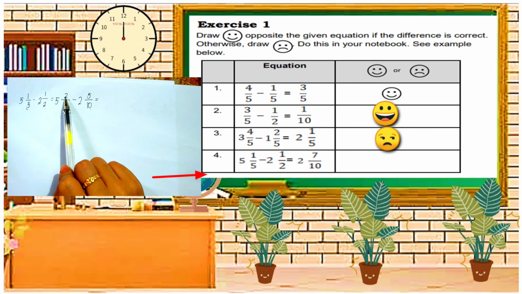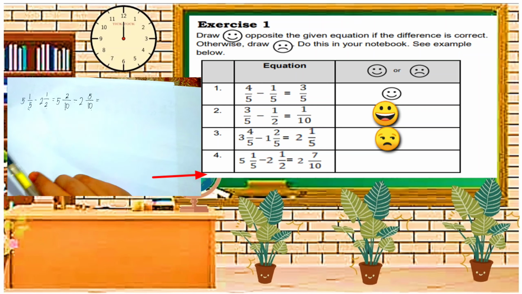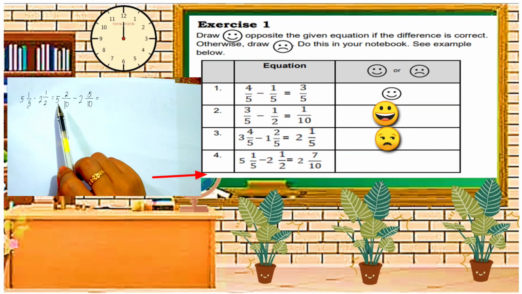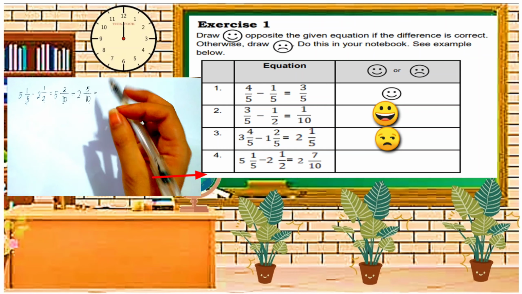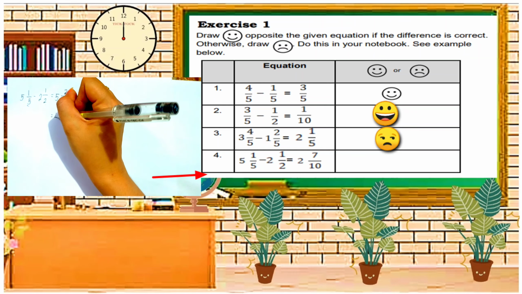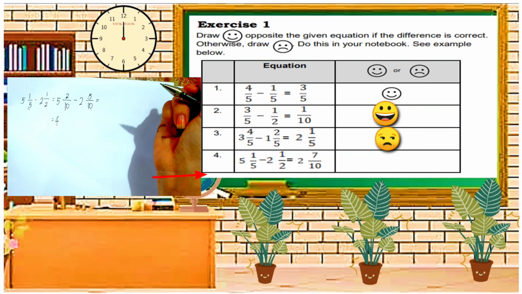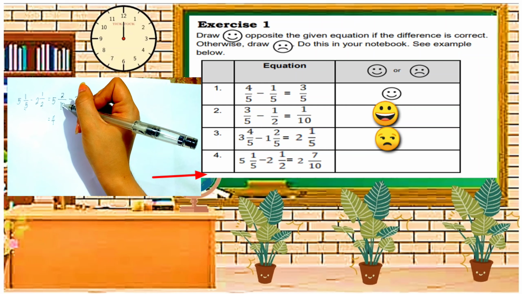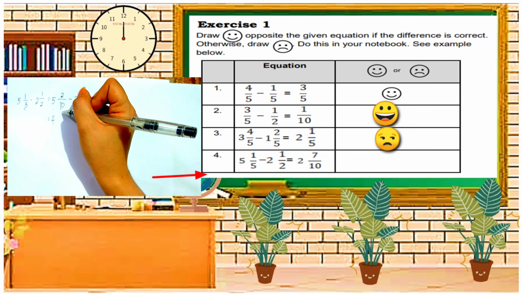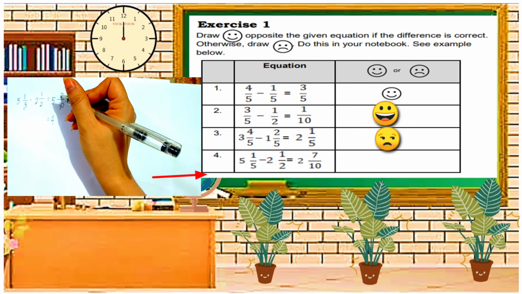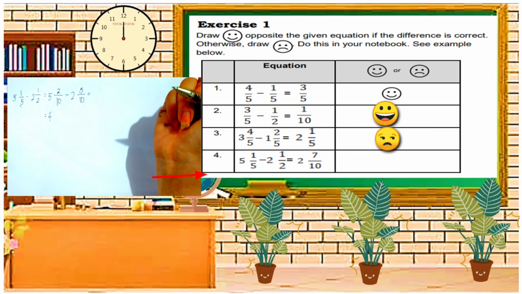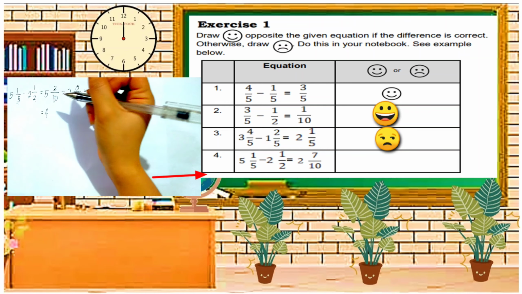We cannot subtract 2 minus 5, so we will borrow 1 from 5. It will become 4, and we will make 10 tenths to add 2 tenths.